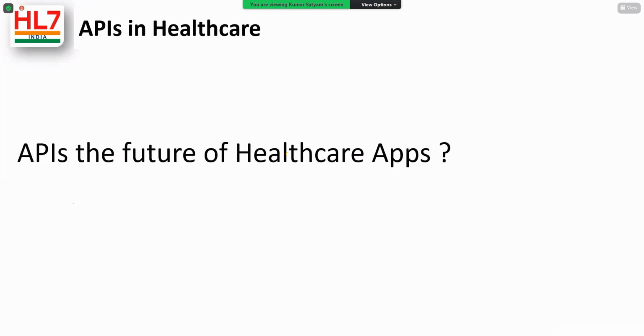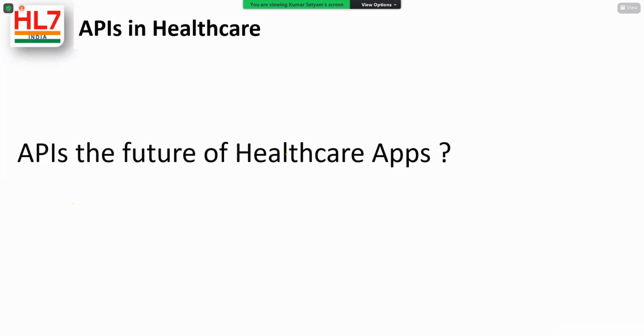That's where we are seeing the push, that more and more healthcare providers and healthcare vendors are moving towards APIs. It looks like APIs will have a future in healthcare, and most healthcare apps in future will be using APIs. APIs can be RESTful, APIs can be messaging, APIs can be anything.